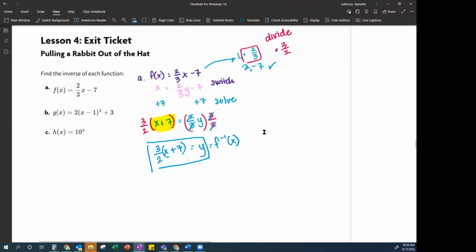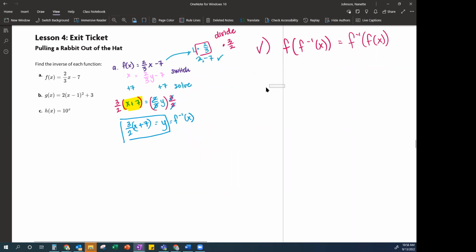Okay, so here's way number 2. This is me checking it. I'm not going to check every single one, but I want to make sure that I show you. This looks like a mess, but it should make sense, okay? So here I go.